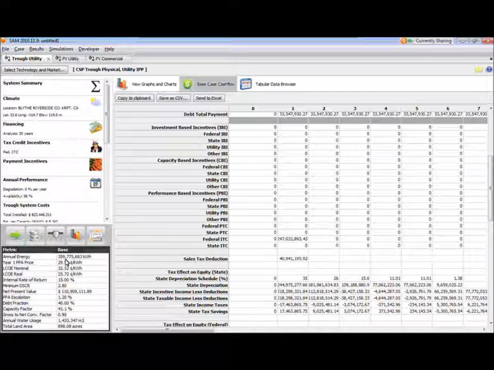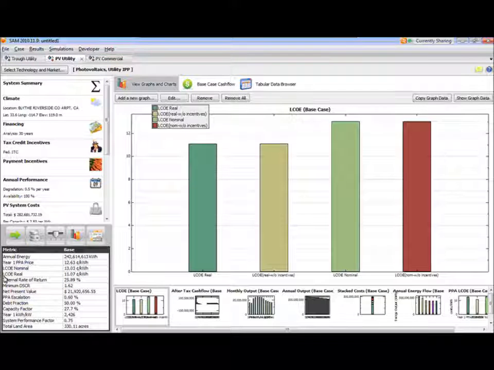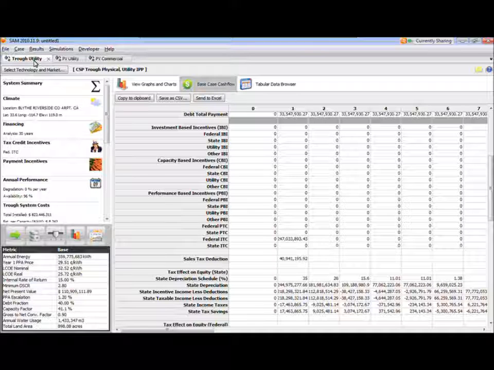So I get a little more energy out of the Trough system, and I can also compare the economic metrics. So the PV system requires a PPA price of 12.6 cents per kilowatt hour compared to 29.5 cents per kilowatt hour for the Trough system.